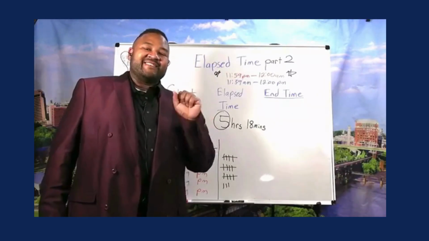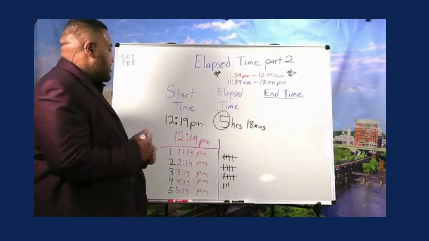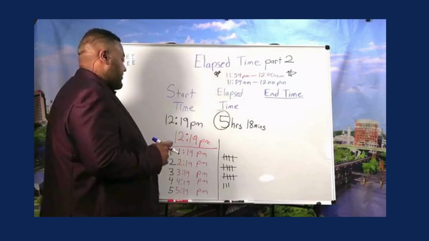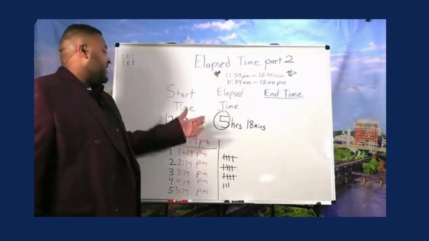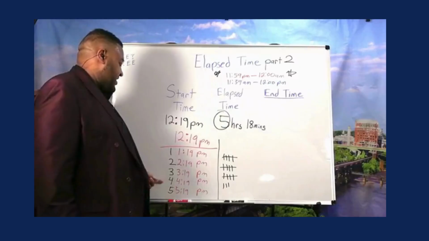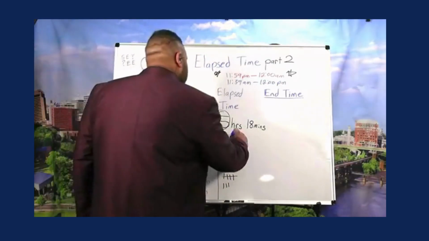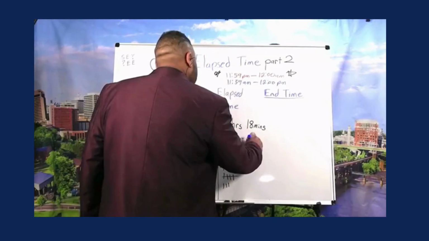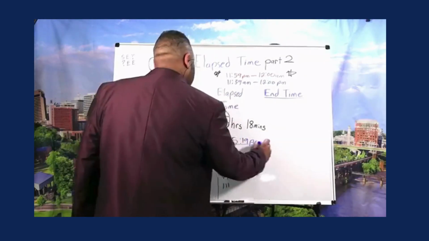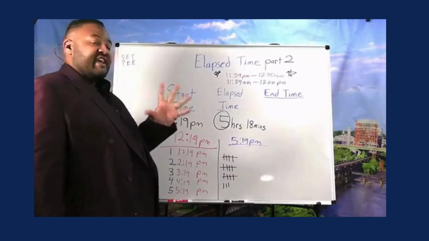What time is it right here? You don't look at your time up here. We left off at 5:19 p.m. So you put 5:19 p.m. up here, put a line under it, and you just count by fives.